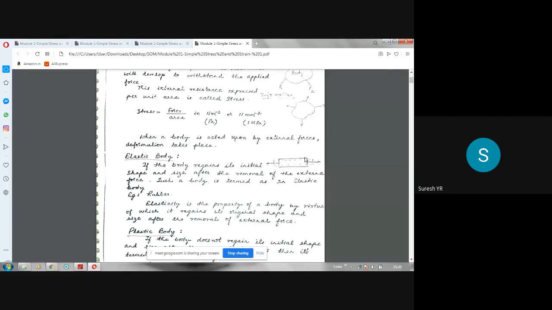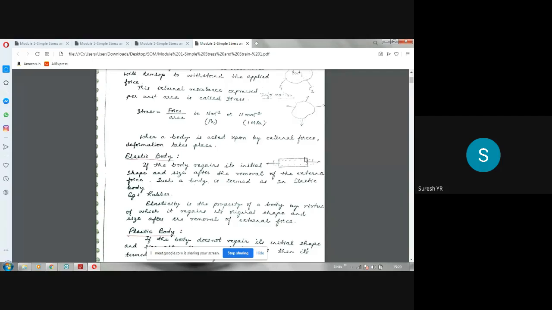So the best example is rubber. When you stretch rubber, its length increases. But when you stop that stretching, it comes back to its initial shape and size. So that is the best example for elastic. But all materials have elastic property only up to a certain limit.